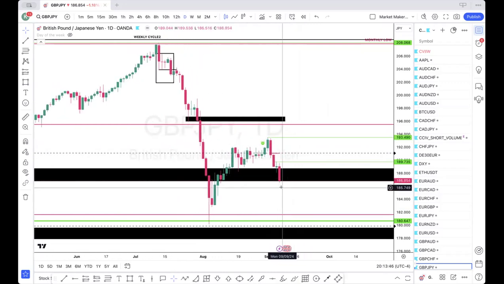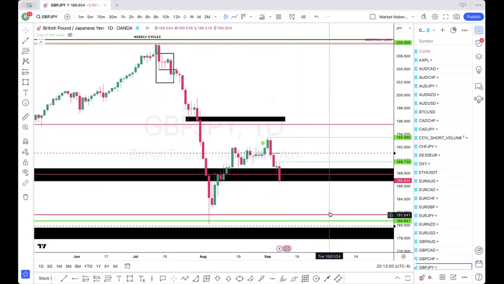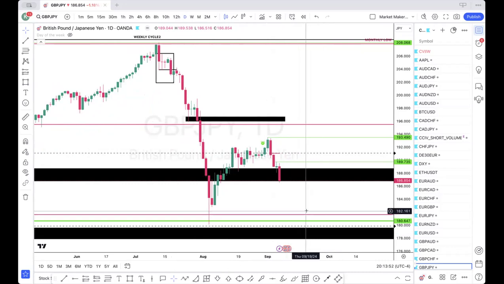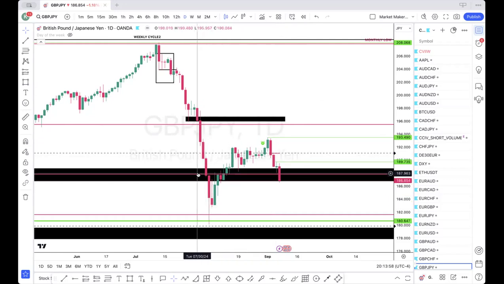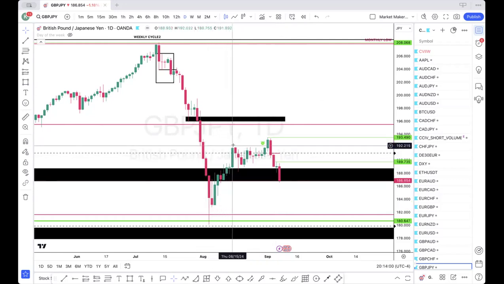So if we get the change of character, and I'm going to go down to the 4-hour in a second, because price broke this zone and then broke back into this zone.